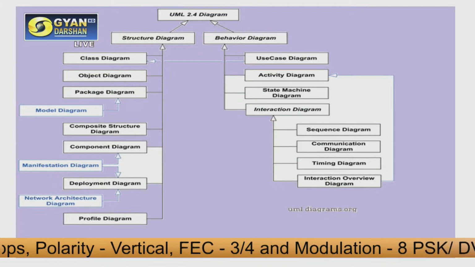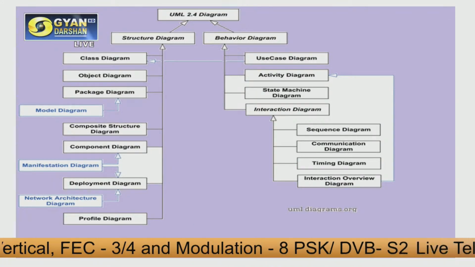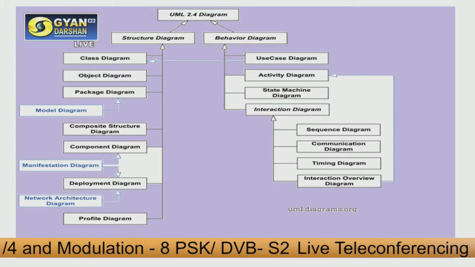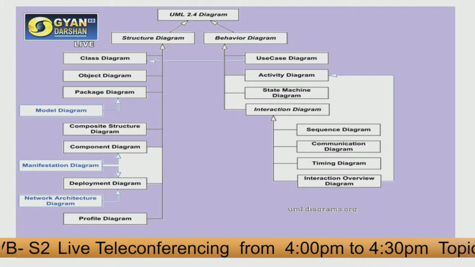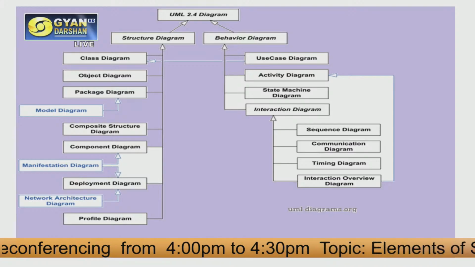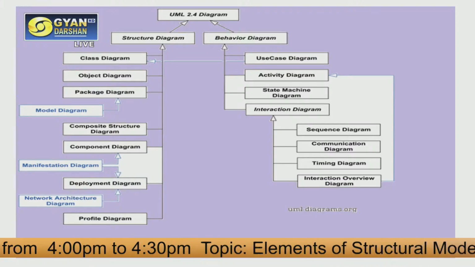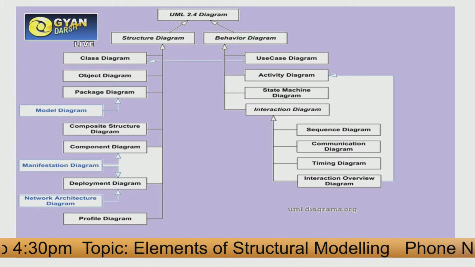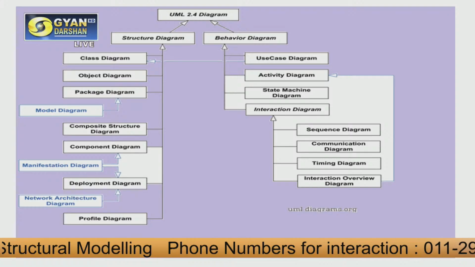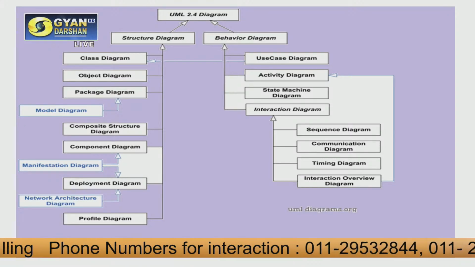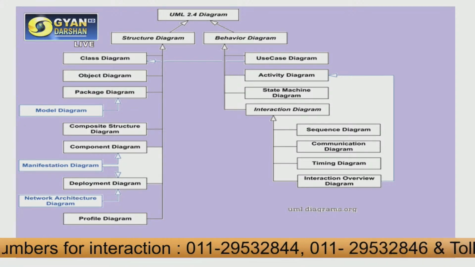In this session we will be discussing the structural diagram, and the basic types of diagram provided by UML. These are the two categories: structure diagram and behavior diagram. In the structure diagram, the static nature of the system is captured, and these diagrams include class diagram, object diagram, component diagram, deployment diagram, and profile diagram.